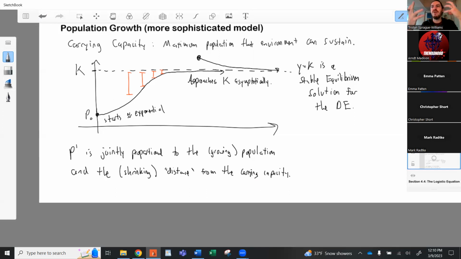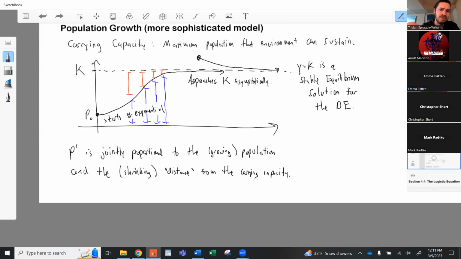So that's going to have a diminishing effect on the rate of growth. It's going to slow us down, all right? So by making it jointly proportional to this distance, which is getting bigger, but also this distance, which is getting smaller, then when it's far away from the carrying capacity, it's going to act more like exponential growth.